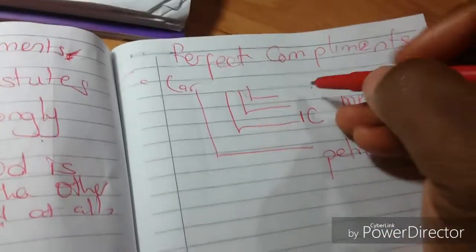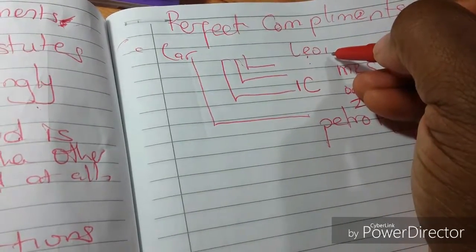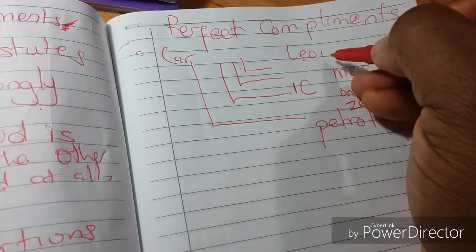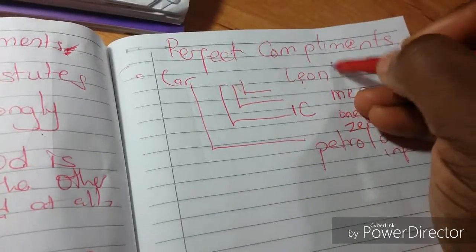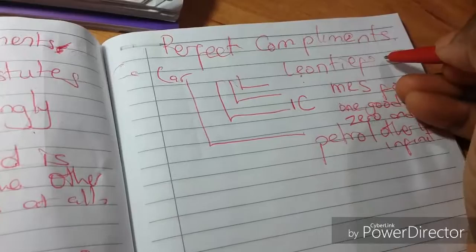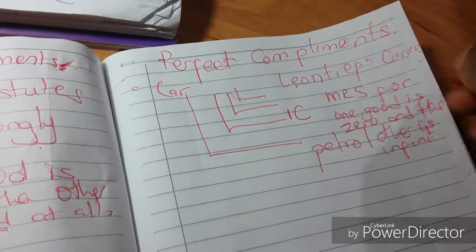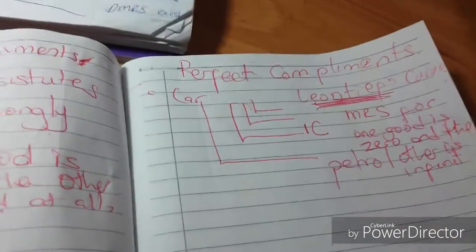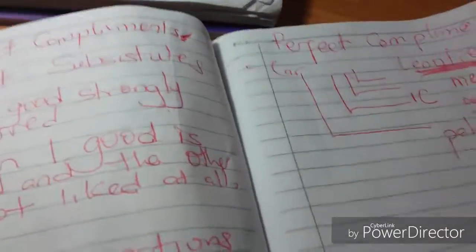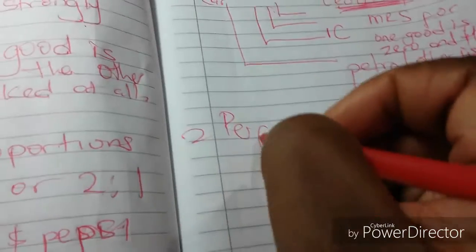You can also call this the Leontief curve, I hope I'm correct with the spelling, because the man who spoke about perfect complements was Leontief.